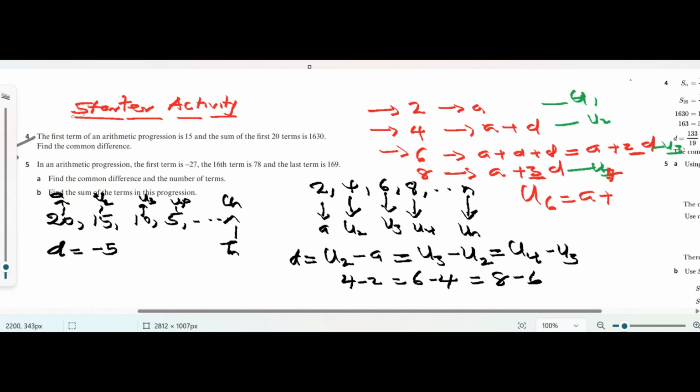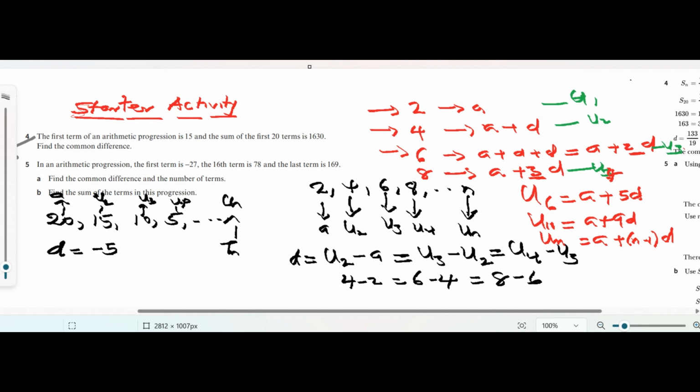When it is U6, the D should be 5, always 1 less than the term number. If I want to write U10, the 10th term, it will be A plus 9D. If I want to write UN, the nth term, it will be A plus the number of that term minus 1, times D.